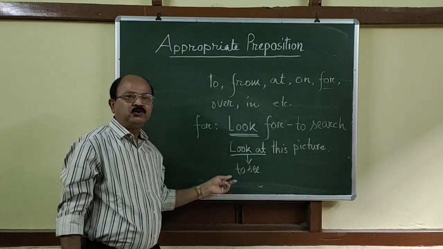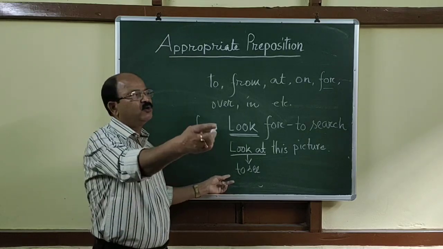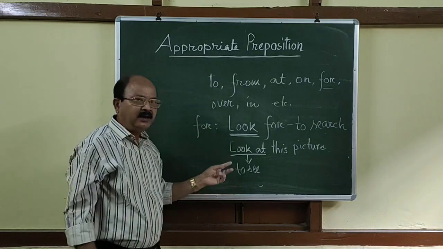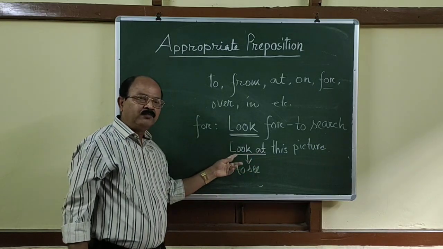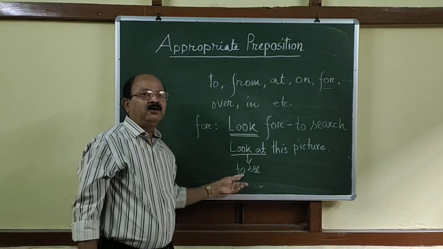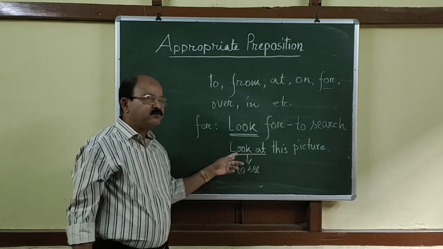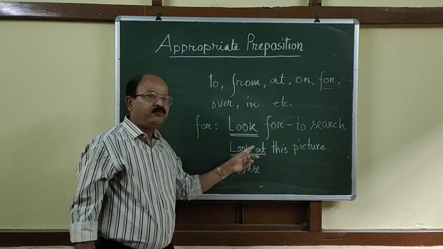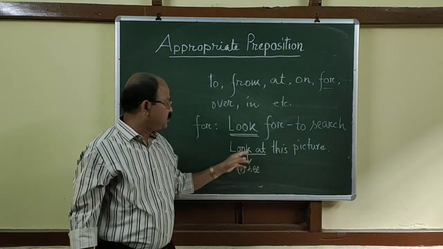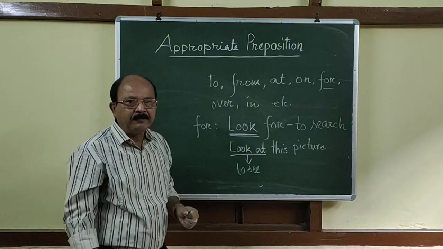Similarly, if we want someone to see something, then we should use at after look, because to give the meaning see, at is the appropriate preposition after the verb form look. If you give any other preposition after this particular verb, that will give a different meaning.